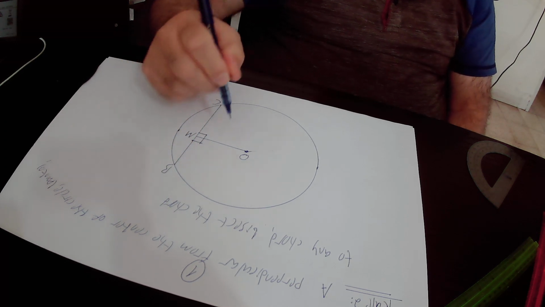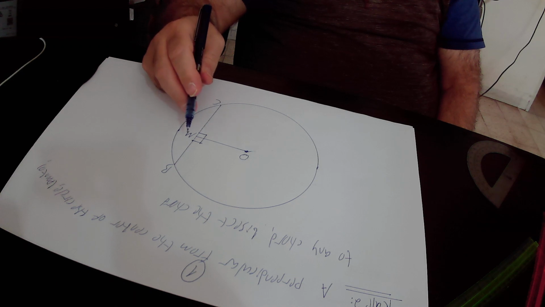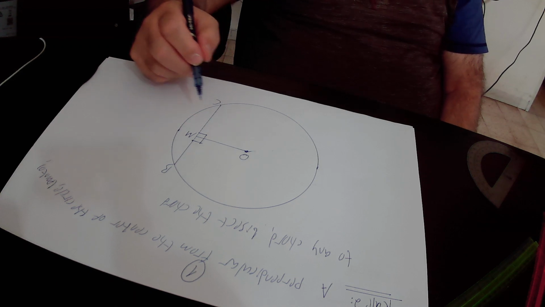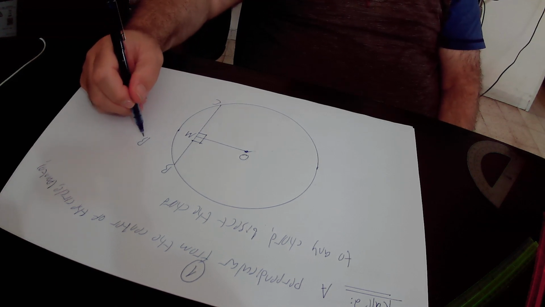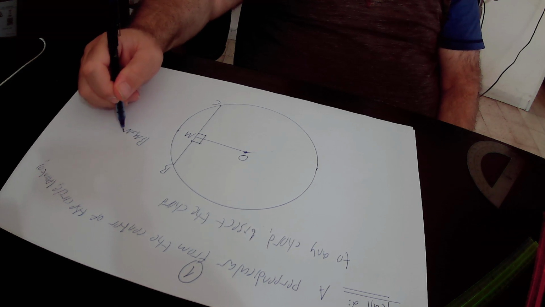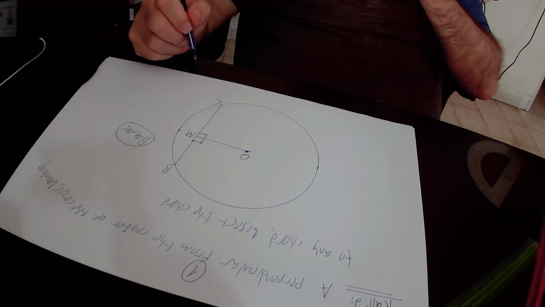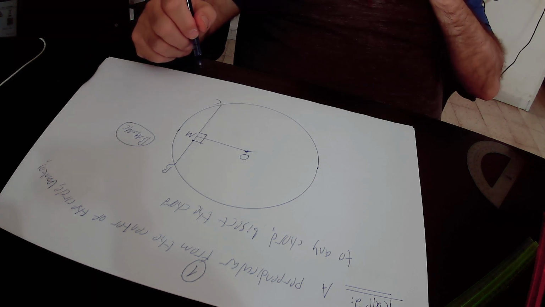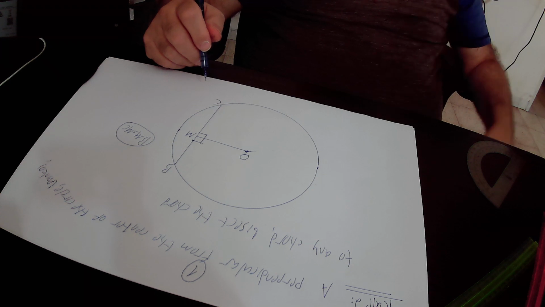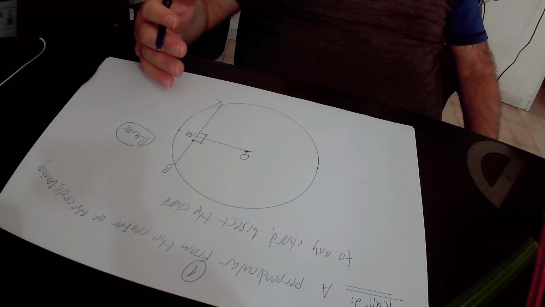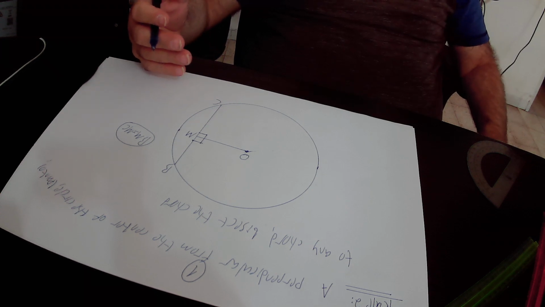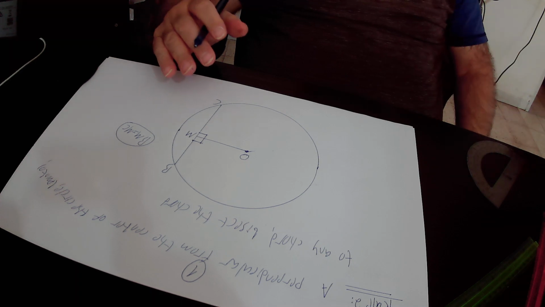That is to say, perpendicular OM bisects chord BC. It means that BM equals MC. So whenever you draw a perpendicular from the center of the circle towards any chord, it will bisect the chord. That is actually rule number 2.